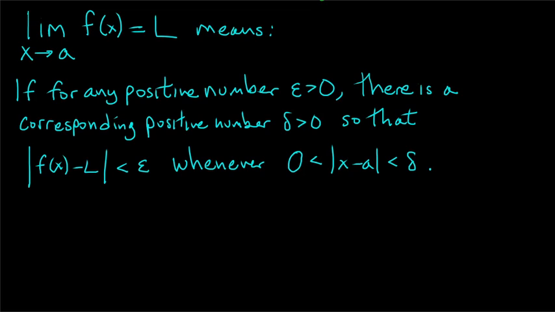Now we have the limit as x approaches a of f of x is equal to L, L being the limit if it's a real number. Here's what that means.